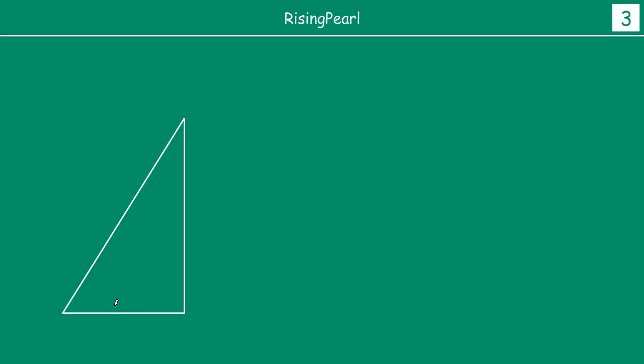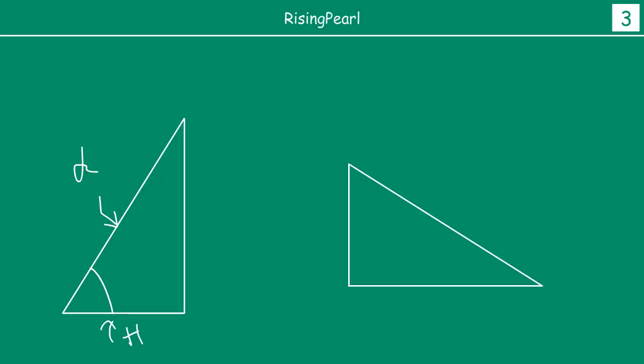we have the horizontal, let's call it H, and this is our line of sight, we call it L, and this is our angle of elevation, right? Similarly, when we have an angle of depression, we are standing at the top and we are looking down, right?